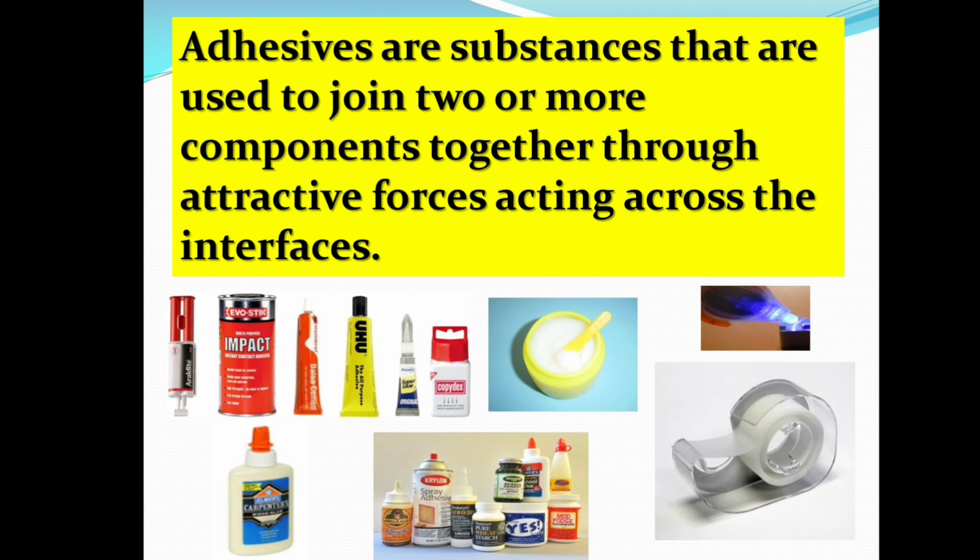The simple example is the paste or glue that you use to paste your pages, or to do some craft things. You apply the glue or gum and paste the two components together, isn't it? So adhesives are the substances that are used to join two or more components together through attractive forces acting across those interfaces.